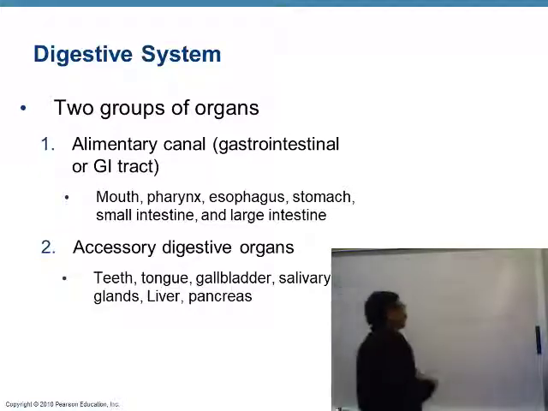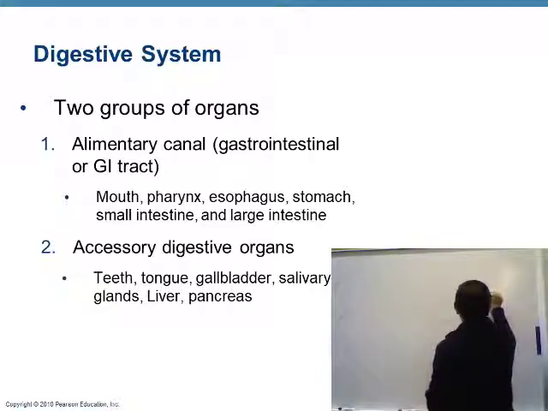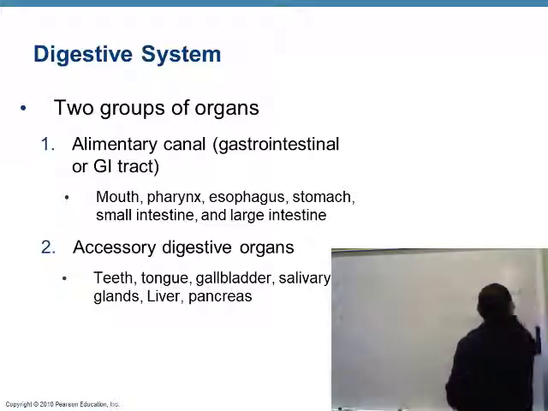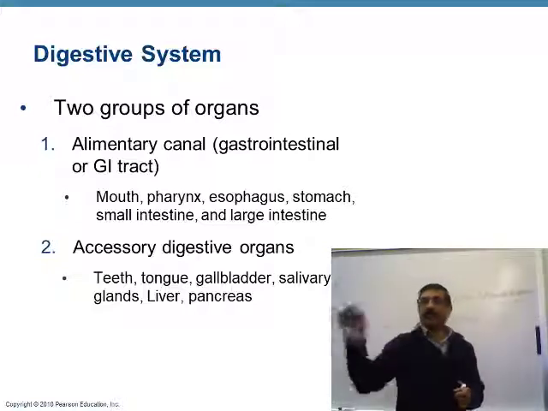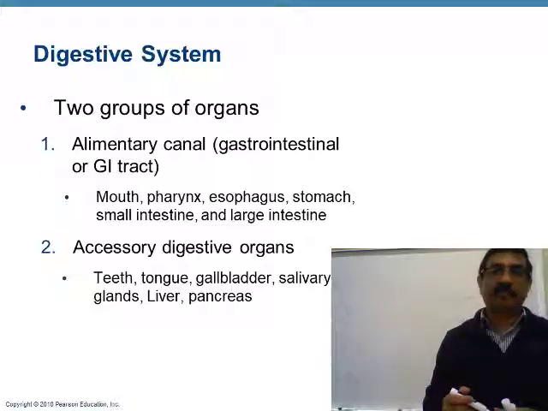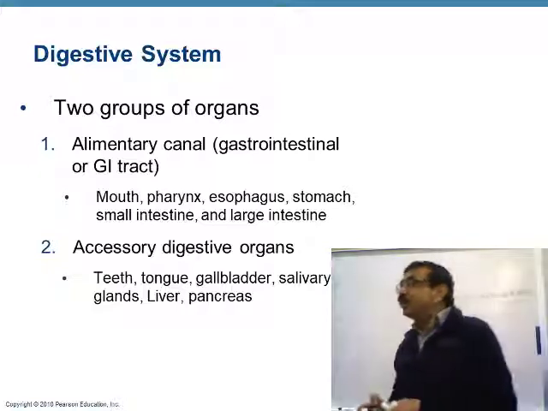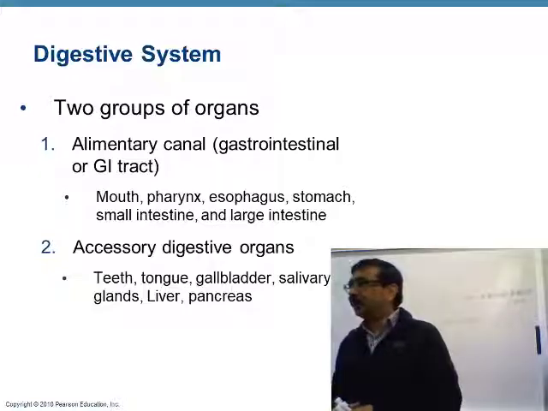GI tract is a long tube from the mouth to anus. So it is a long tube that extends from the mouth to the anus. So what are the parts of your GI tract?